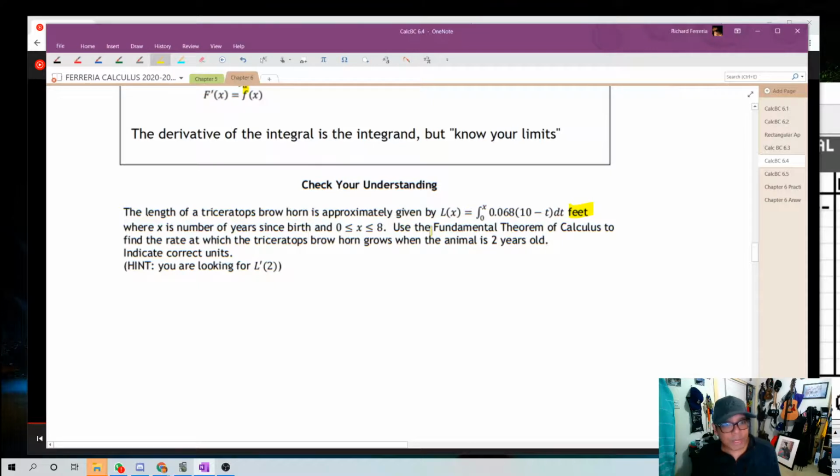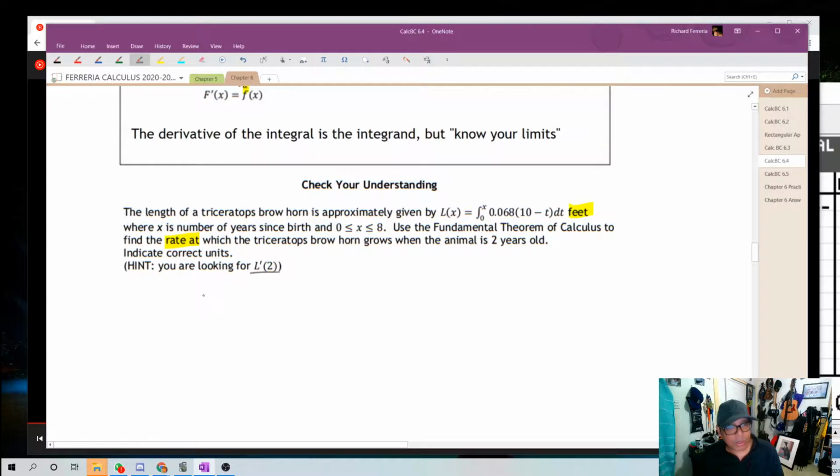We're going to use the fundamental theorem of calculus to find the rate at which the brow horn is growing when the animal is 2 years old. So if the length is given by L, we're going to be looking for L prime of 2.